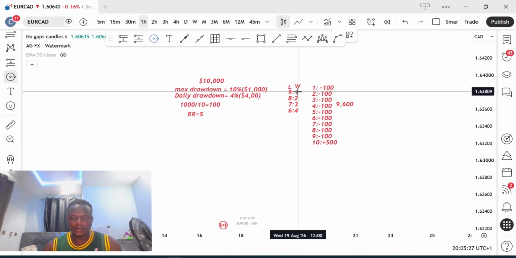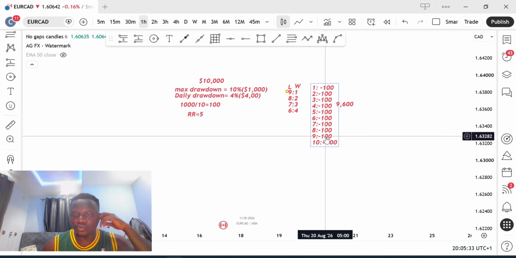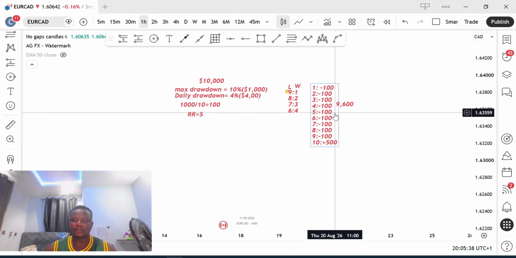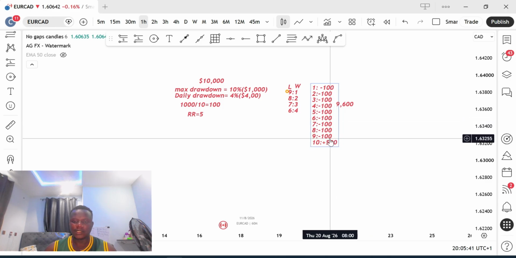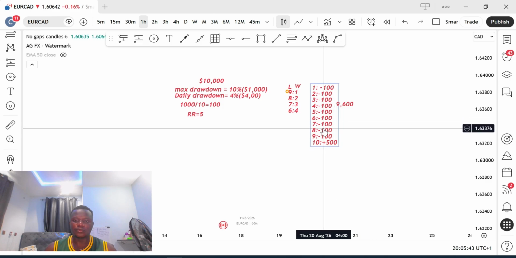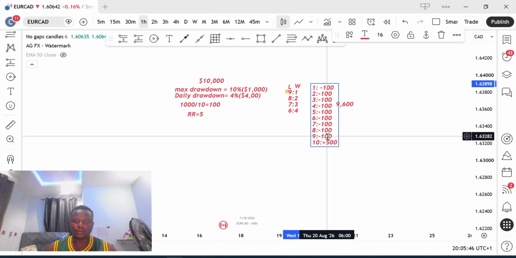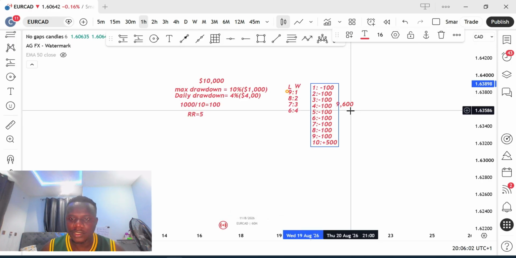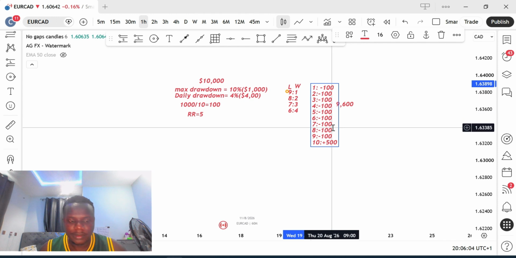So we have done for this, now let's go for 8:2. Now 8:2 means you take the first trade loss, second trade loss, third trade, fourth, fifth, sixth, 7, and you lose up to number 1 to number 8 and win only 2. So you're going to win number 9 and number 10, which is going to give us plus 500 each, plus 500 each.